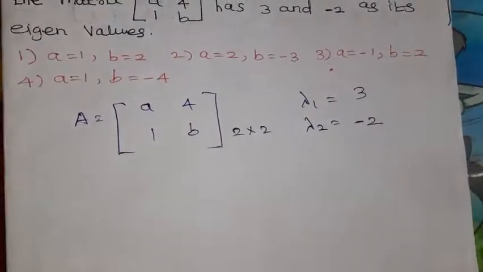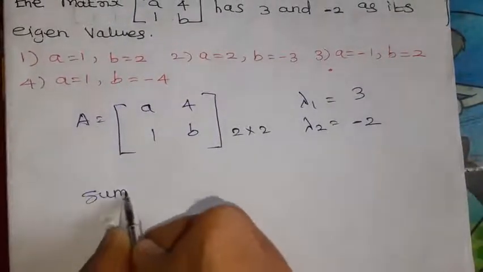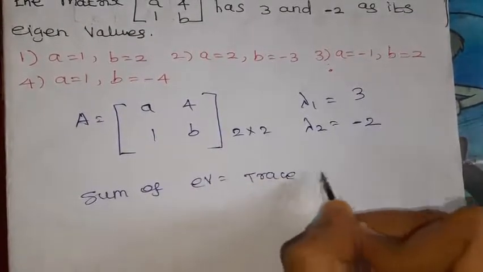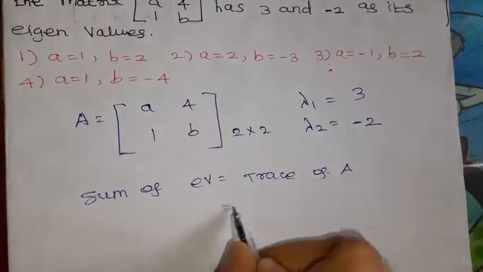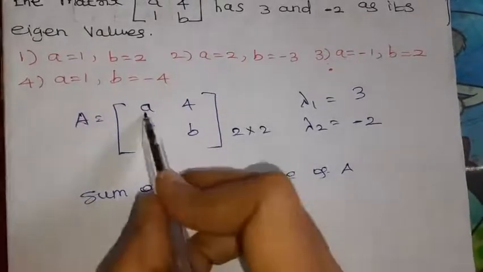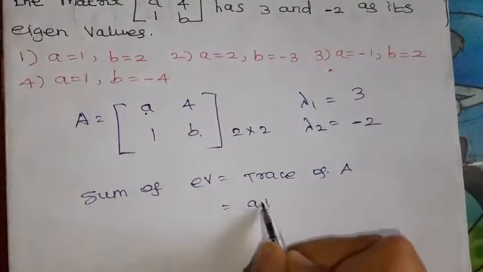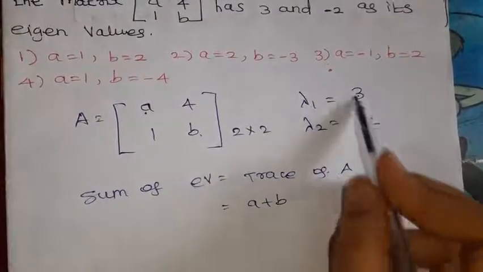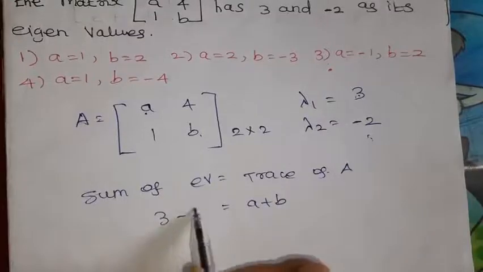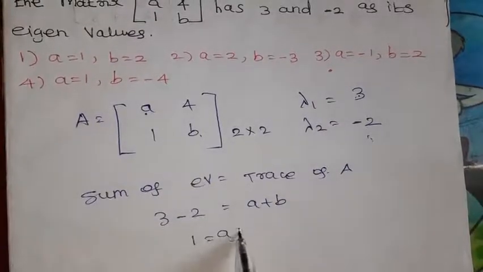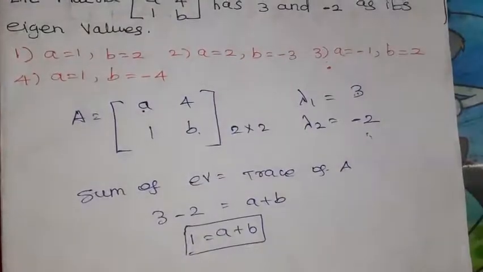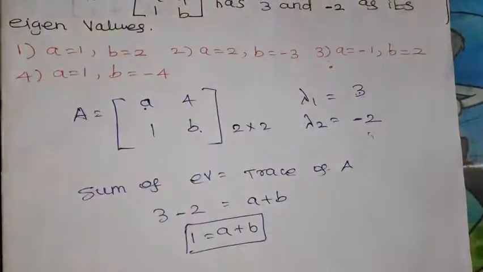The sum of the eigenvalues is nothing but the trace of A. The trace of A is the addition of the diagonal elements, A plus B. The eigenvalues are 3 and minus 2, which sum to 1, so A plus B equals 1. We need one more equation to find the A and B values.